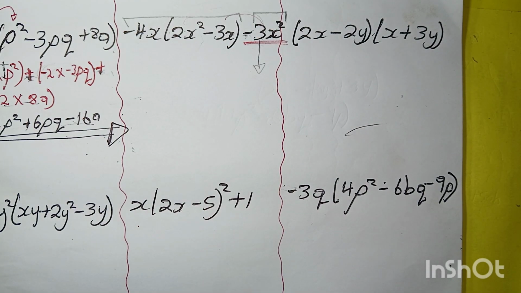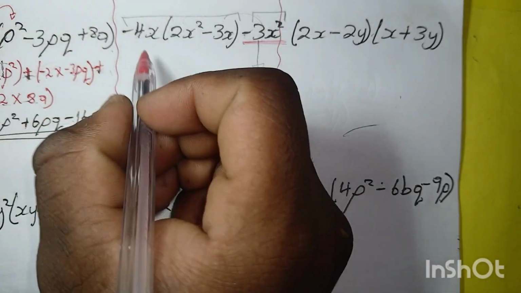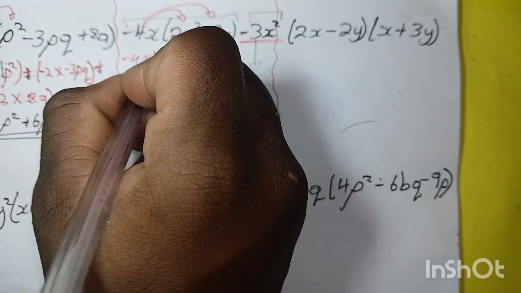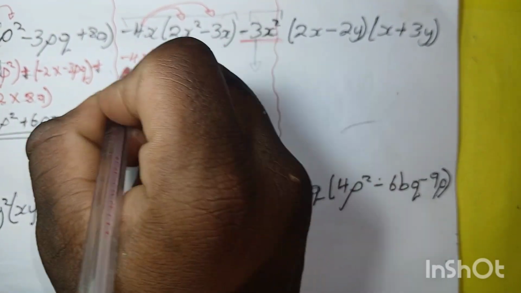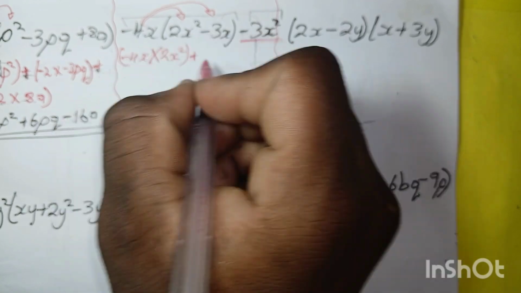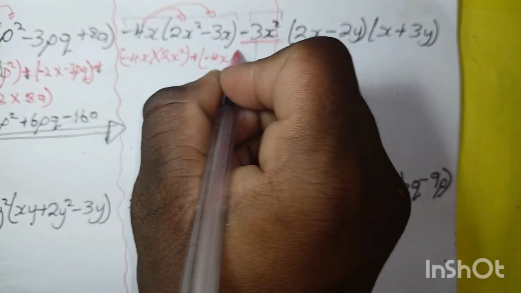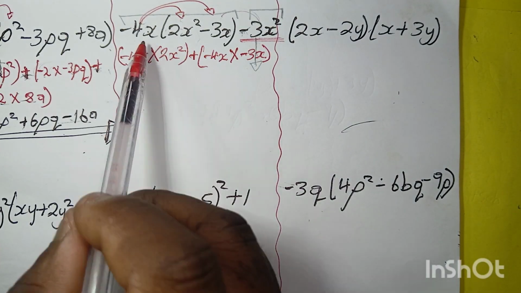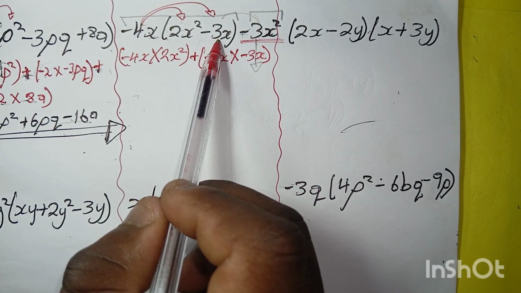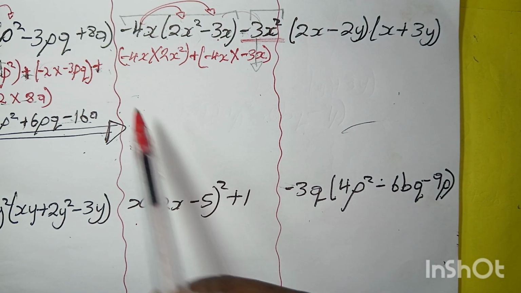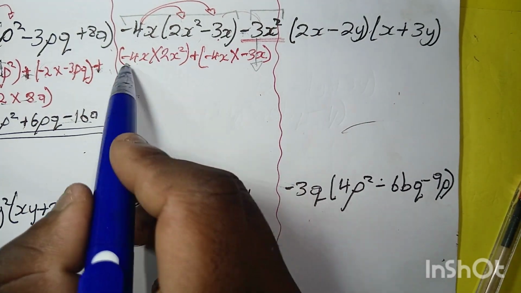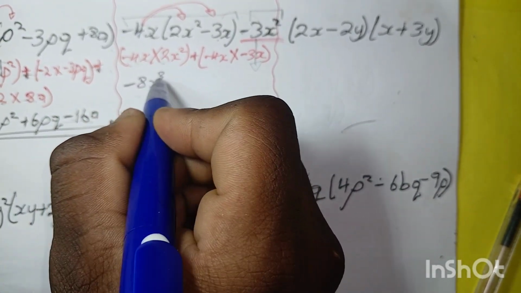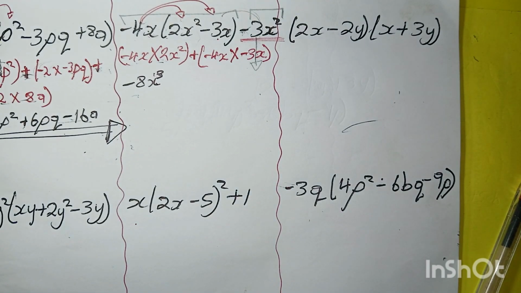Yeah. So here, let's approach this question. This will multiply inside, this will multiply inside, like 4x multiplied by what? 2x squared. Yeah. And say plus minus 4x multiplied by minus 3x. Do you see, guys? These are the only things which will be multiplied. Yeah. And now that 3 will be brought down. So check something. When we multiply different signs, we got negative 8x cubed. Where does that 3 come from?